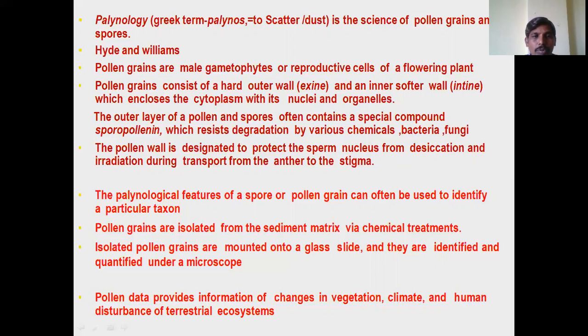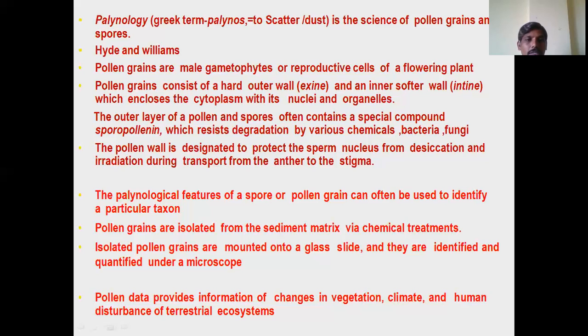The pollen wall is designed to protect the male gamete nucleus from dissociation and irradiation during the transport from the anther to the stigma. Pollen is never destroyed because of the presence of the hard substance sporopollenin, and moreover it is not affected by irradiation or dissociation processes.